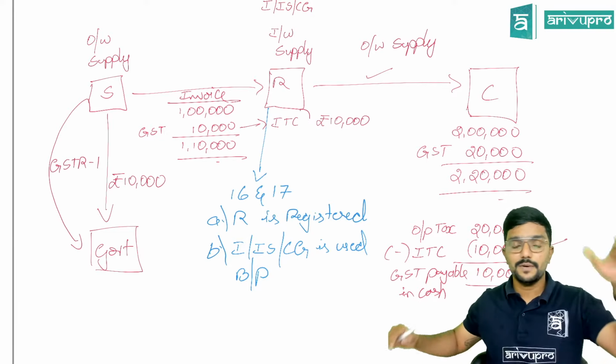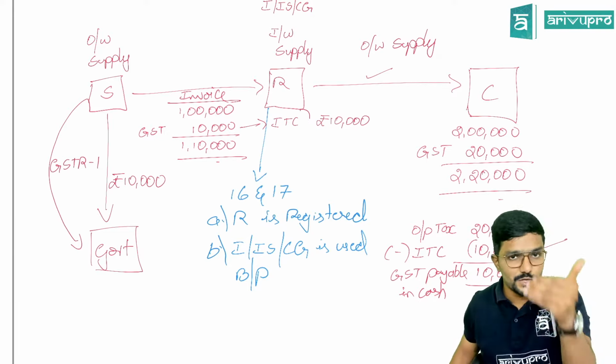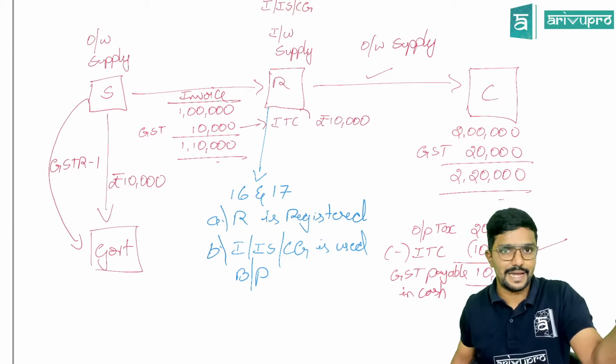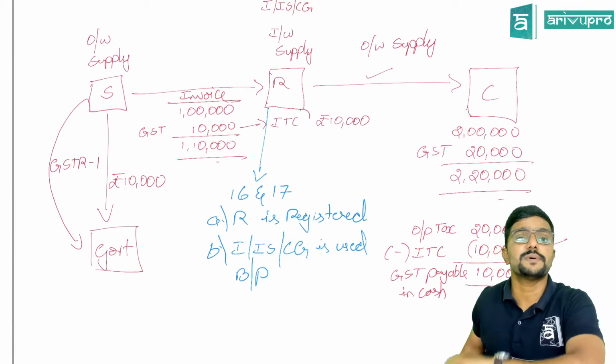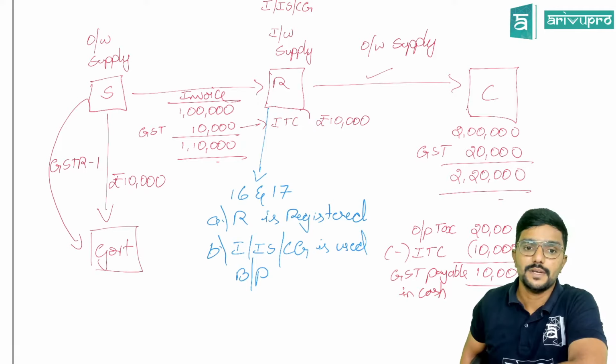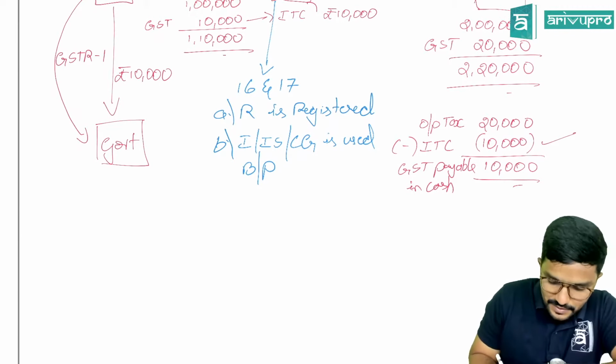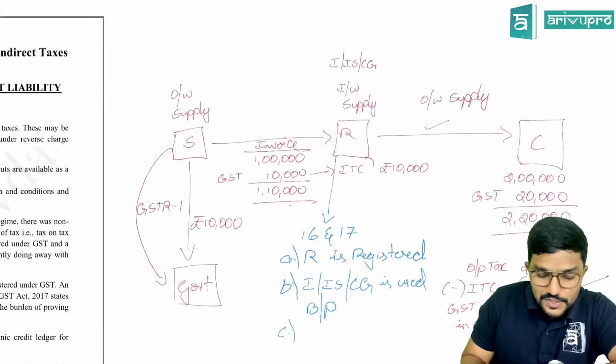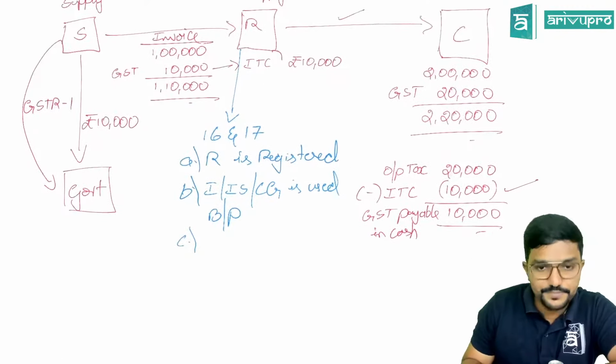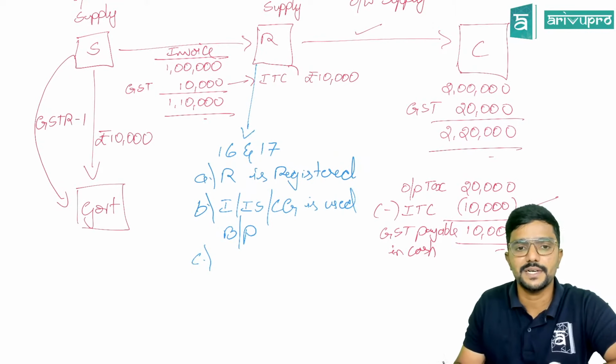Only if whatever input service or capital goods you have purchased, on which you have paid input tax, is used for business purpose, then only you can claim credit. If not, you cannot claim credit. See, these conditions are there. We'll come to the supplier's conditions later.